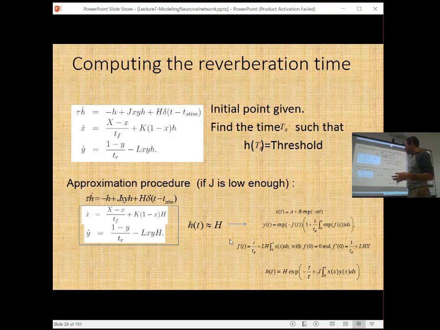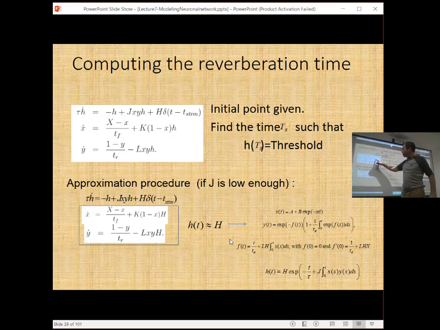And here we played a trick. We said that this is almost H. Why don't we replace in this equation little h of t, which could change, by just a constant? That was the trick, as a first approximation.